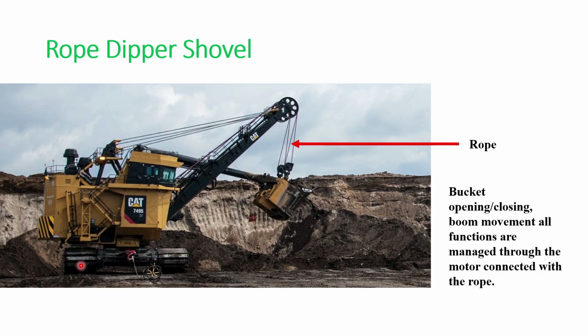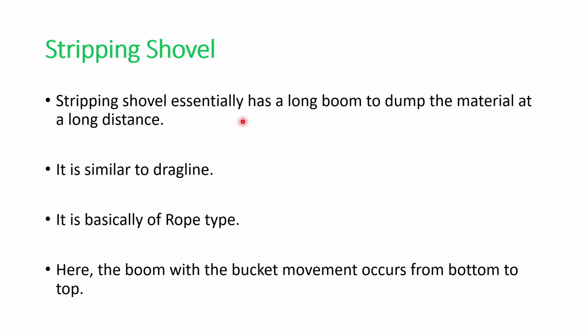This is one rope dipper shovel. You can see these are the ropes which control the bucket movement, and the motors are used for controlling the rope. So bucket opening, closing, boom movement, all the functions are managed through the motor connected with the rope. Now let's come to the stripping shovel.